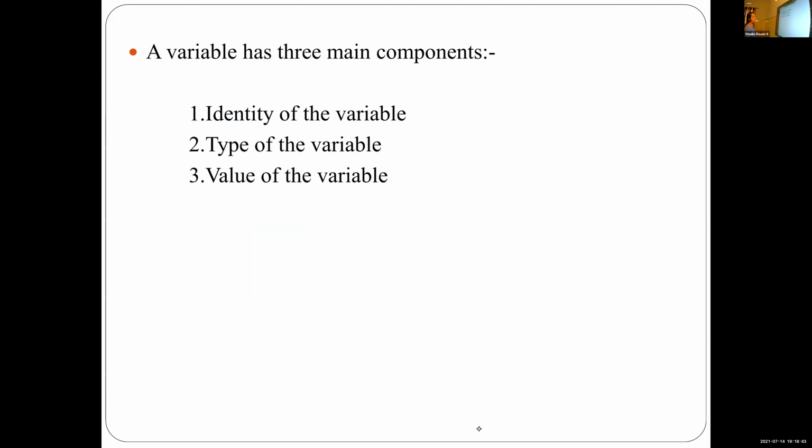What is a variable? A variable is like a container. We can store any value in that variable. There are mainly 3 components of a variable. First one is the identity of the variable. Second one is the type of the variable. Third one is the value of the variable.